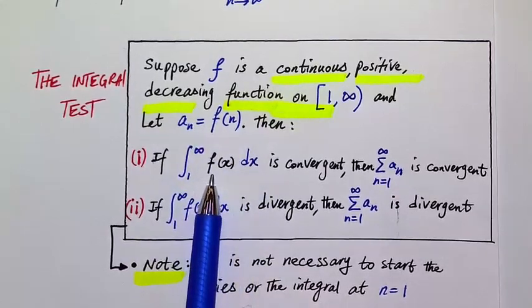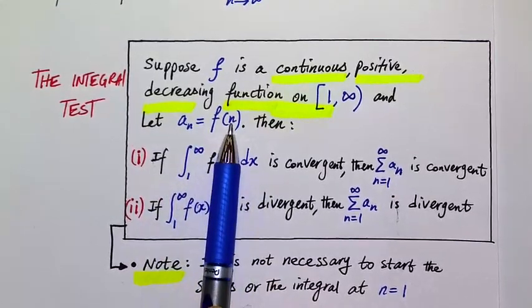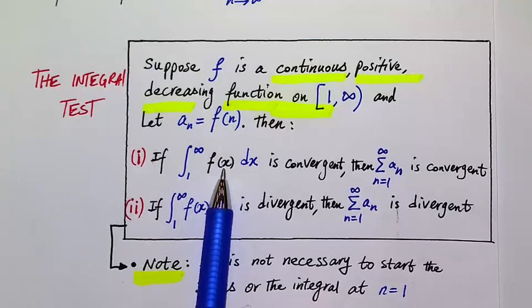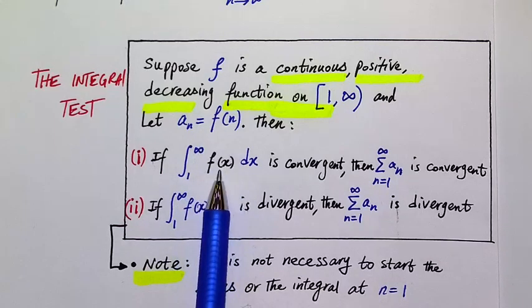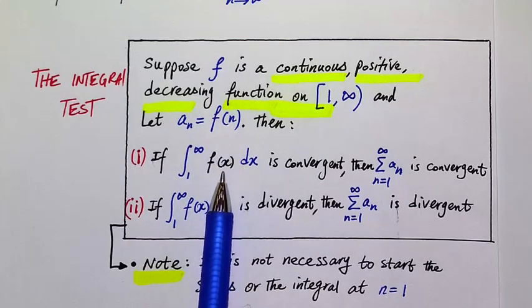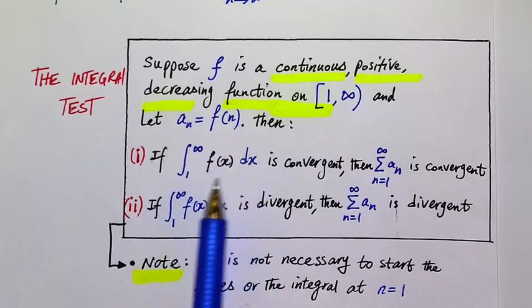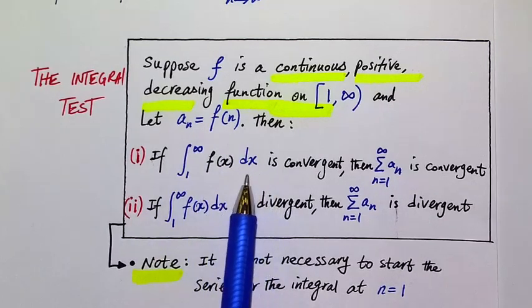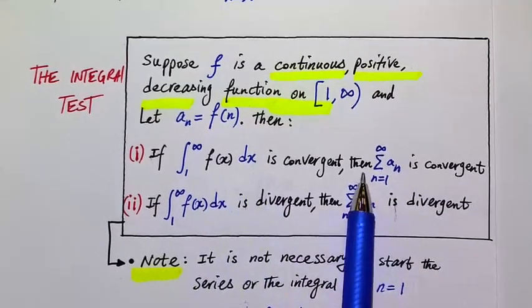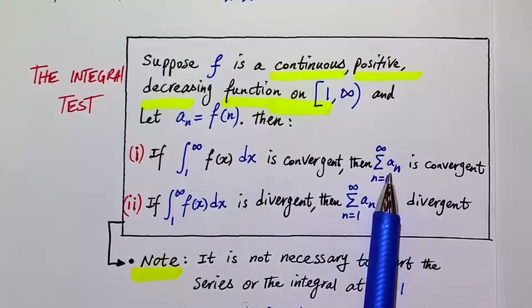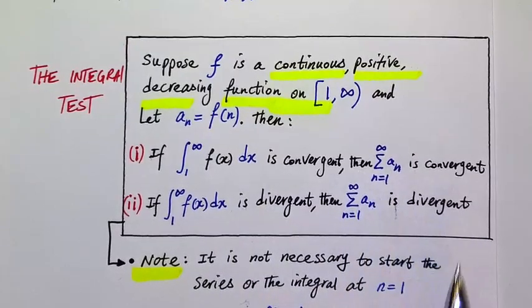Then if we replace the n with x, and we take the improper integral from 1 to infinity of that function, where the n is replaced with the variable x, if this integral converges to some real number, then the integral is convergent, and we can conclude that the series is also convergent.